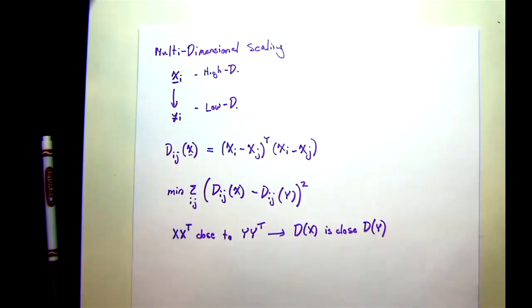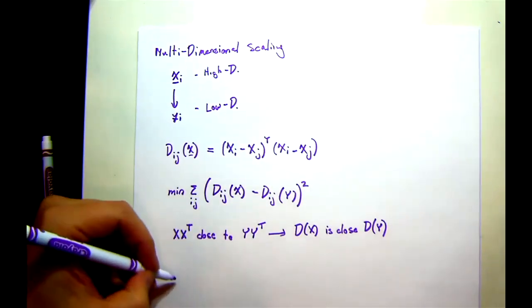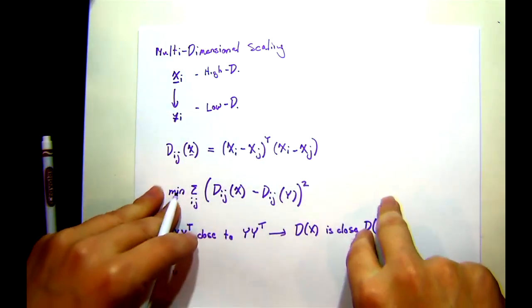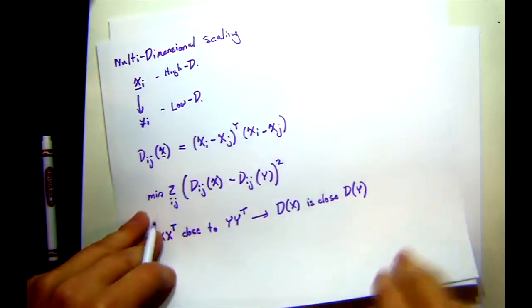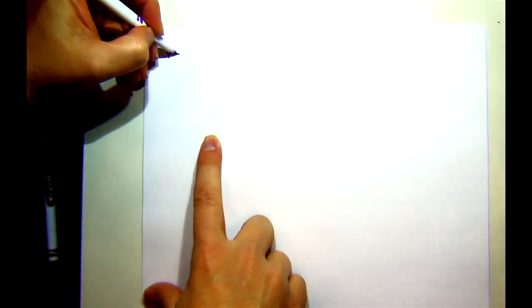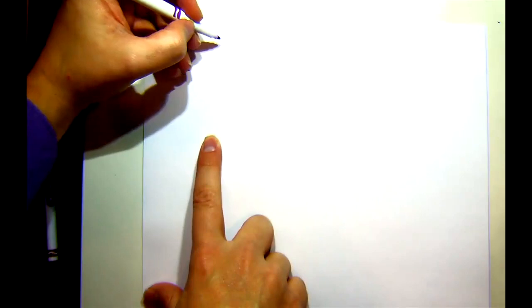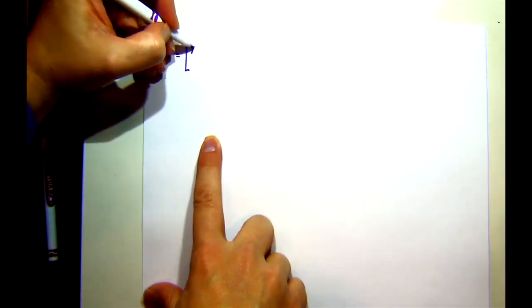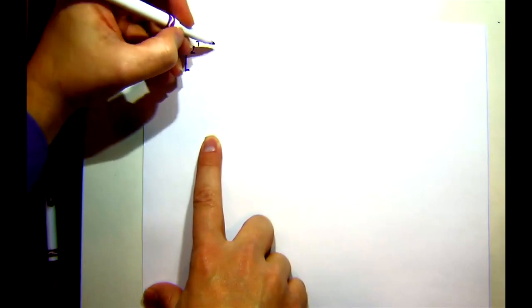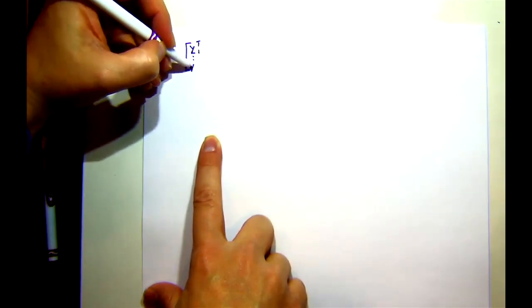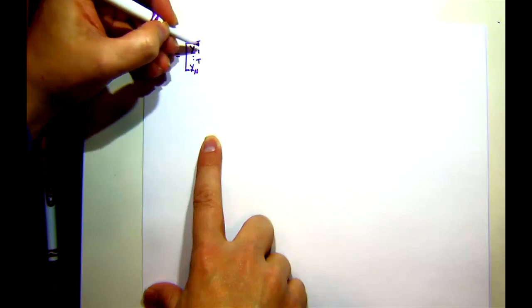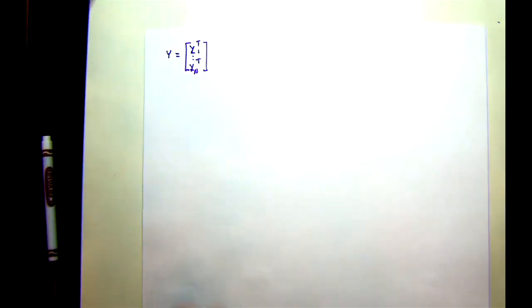And if we know that, we're able to actually do the minimization. So we're going to try to find some Y, which are Y1 down to Yn, where each of these Y's are in the low-dimensional space, so 2 or 3 dimensions.